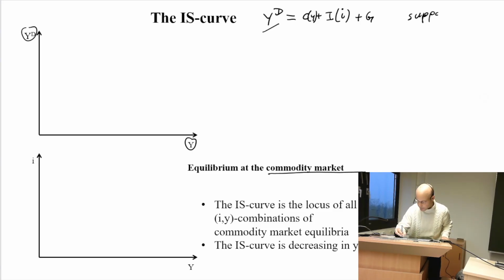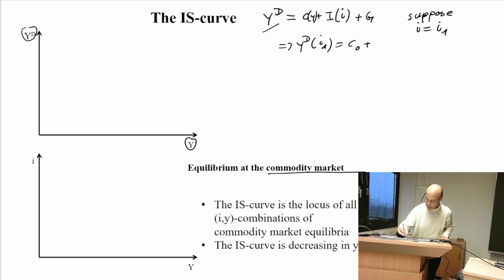Suppose I equals just any interest rate I1. Then, of course, we have YD dependent now on the specific interest rate I1 equals C0 plus I of I1.